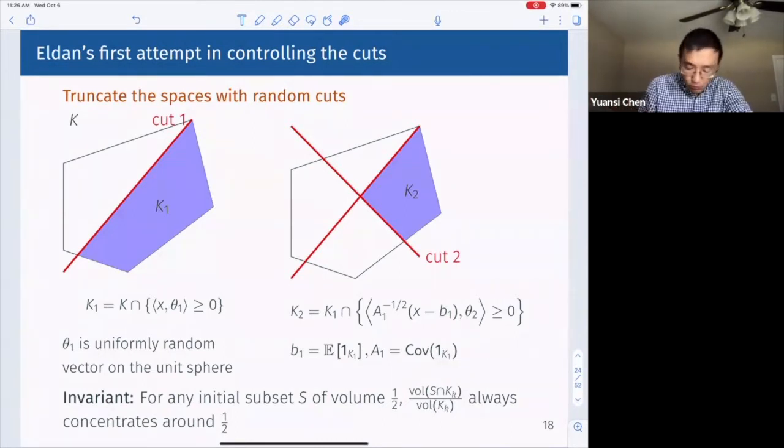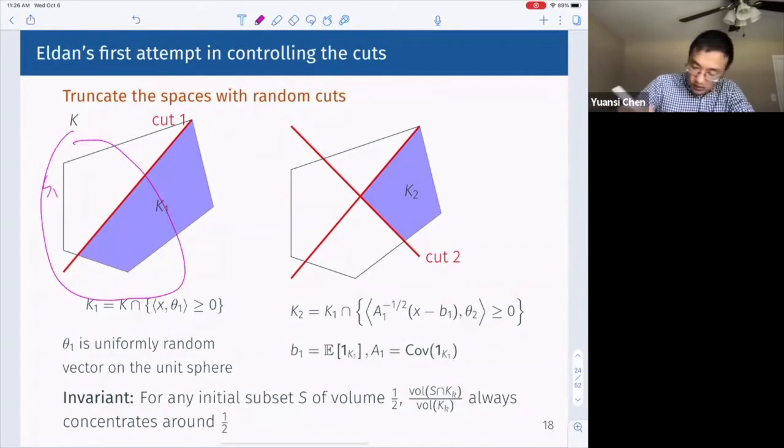You can roughly prove that if you start with some subset of volume 1/2, for example, then the volume of the intersection at step k should also concentrate around 1/2.